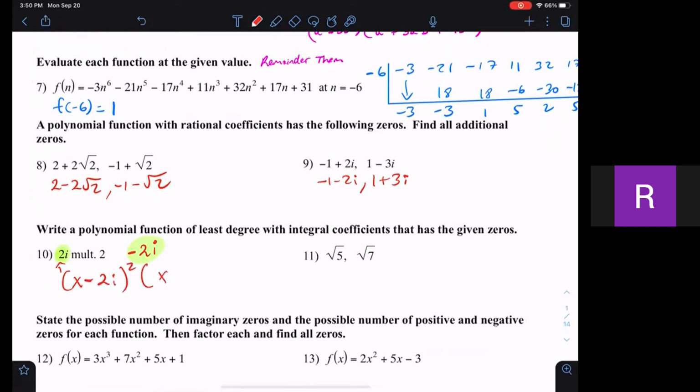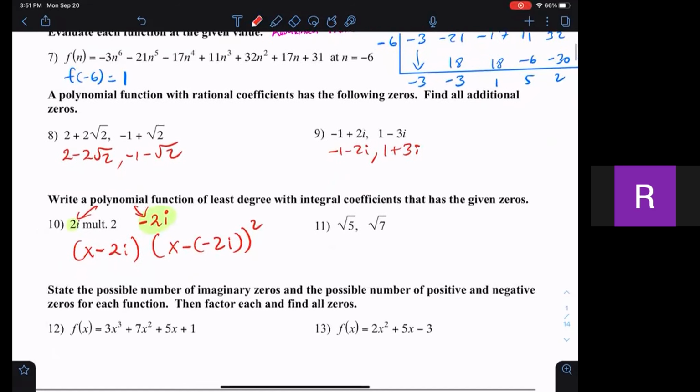And then you have the x plus 2i, right? And this one also has multiplicity of 2, because if this has multiplicity of 2, this must have multiplicity of 2. So this is x minus 2i squared. Sorry, I forgot about that. And then this is x plus 2i squared.